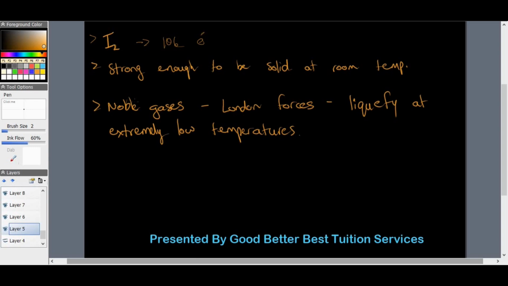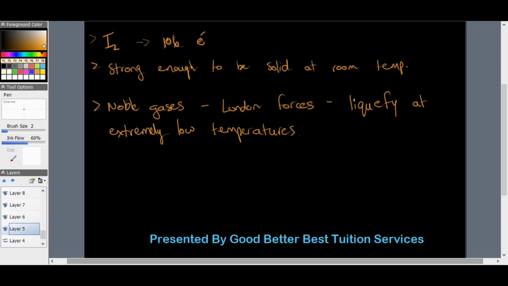For a substance to remain solid, its intermolecular forces must be strong due to the fact that it has a lot of electrons, and iodine has 106 of them, which is quite a lot. That means the boiling point of iodine is going to be quite high, because it has so many electrons, it's quite a big molecule, therefore more energy is needed to overcome it.